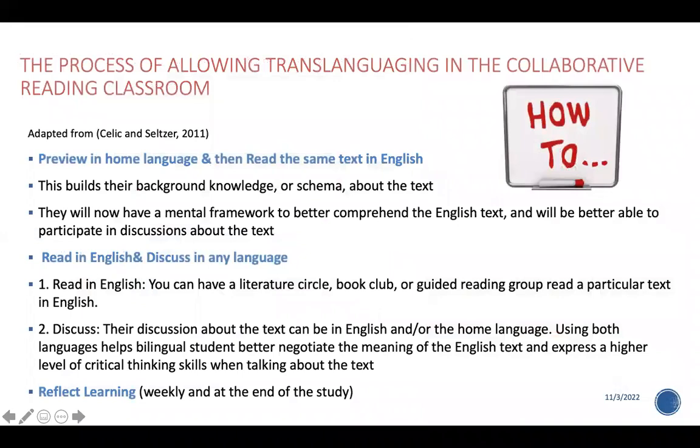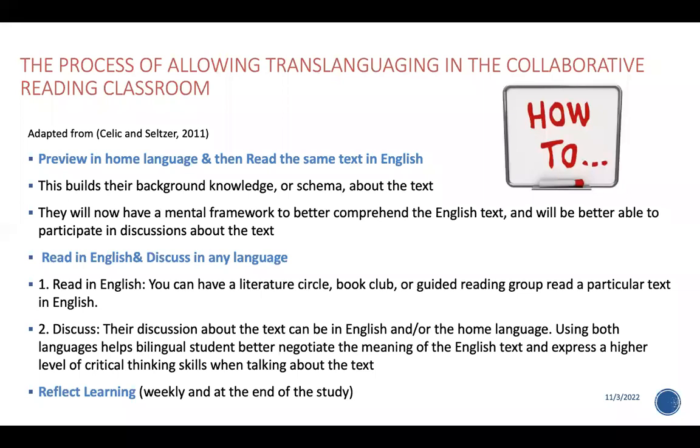Okay, so just to focus on what I did in my research and how I allowed translanguaging in the reading classroom particularly. I adapted one strategy from Celic and Seltzer 2011, which is to preview in their home language, in my case Arabic, and then read the text in English.